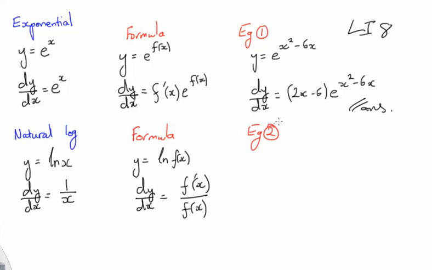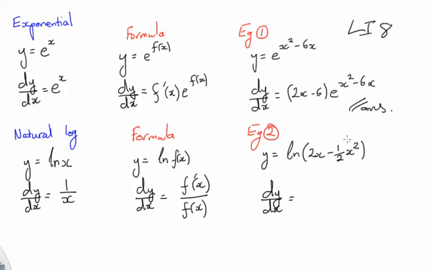So if I have y equals the natural log of, let's choose something different, I don't know, 2x minus a half x squared. Well, its derivative is going to equal, well, it's the derivative of f of x.